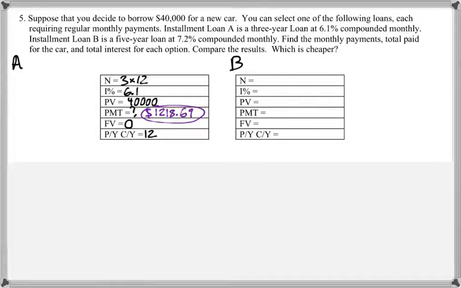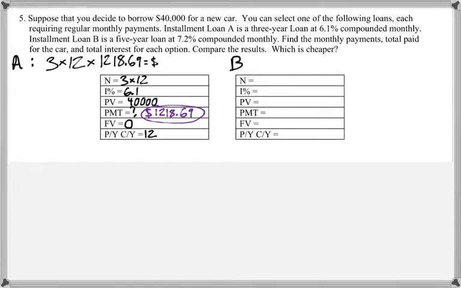So now let's find the total paid. We want to take the number of years times 12 months per year times $1,218.69 per month.